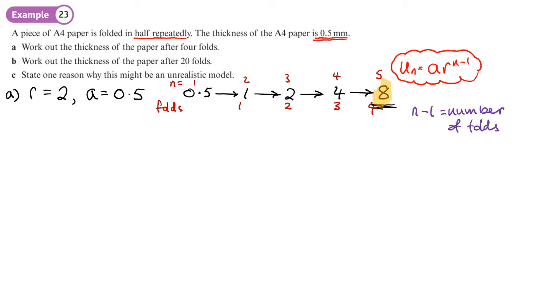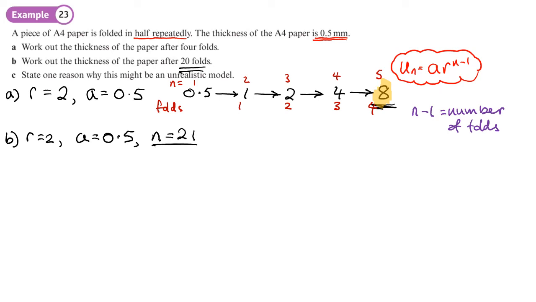Yeah, so when we do part B, again, r is going to be 2. We're trying to work out the thickness after 20 folds. a is still 0.5. Now, what's n this time? Now, if the number of folds is 20, we're actually trying to find the 21st term.